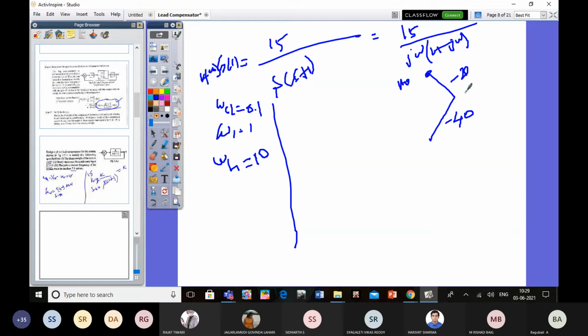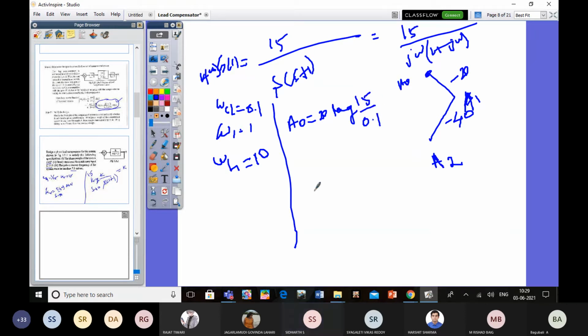We need A0, A1 and A2. Tell me what is A0? A0 is equal to 20 log of 15 divided by 0.1.